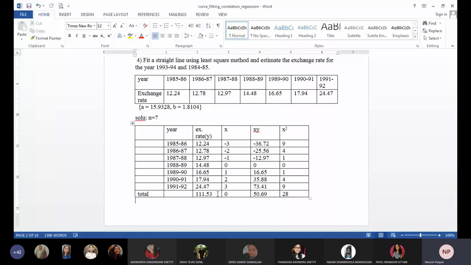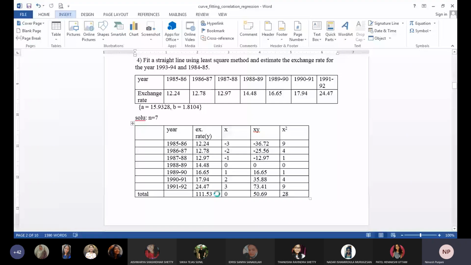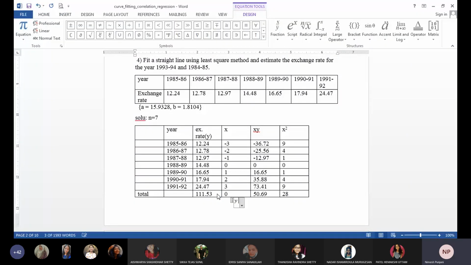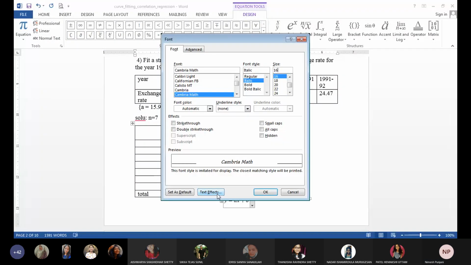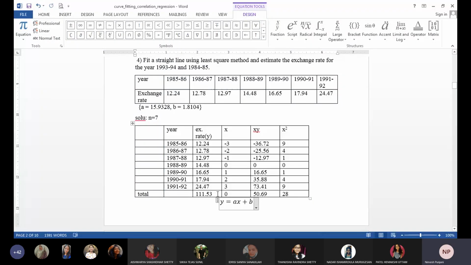Okay. So once you get these values, we write down the two equations for the straight line. Here the equation of the straight line is not given, so we take the equation as y equals ax plus b.